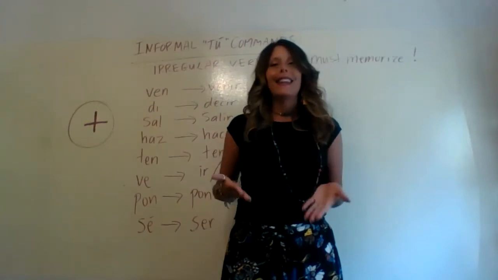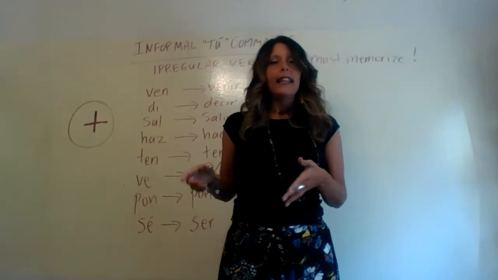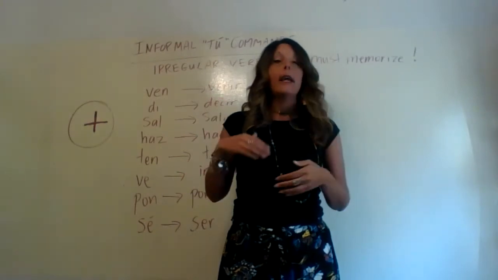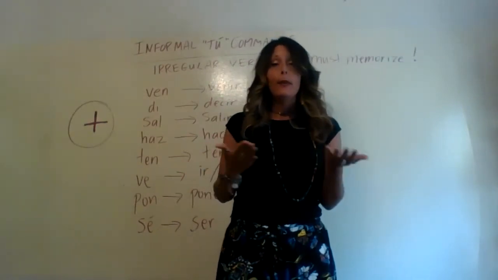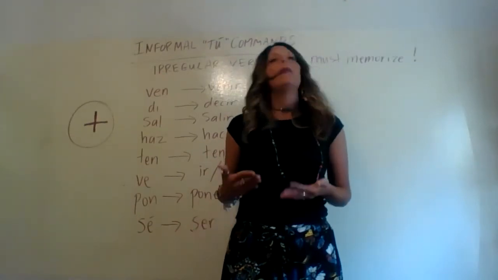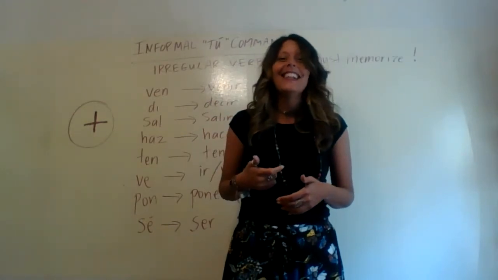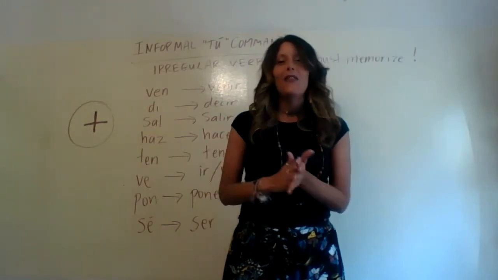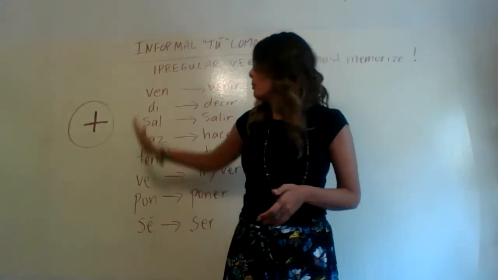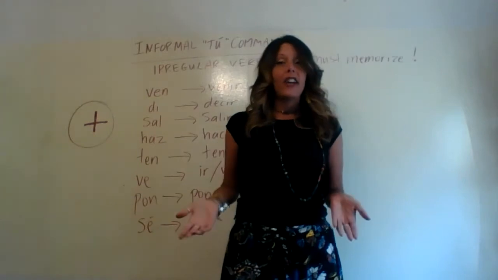If we want to make the negative informal tú command, they're not irregular. They might be regular, they might be stem change, they might be spelling change, or whatever, but the negative informal tú commands that would be paired up with all of these are in another category.